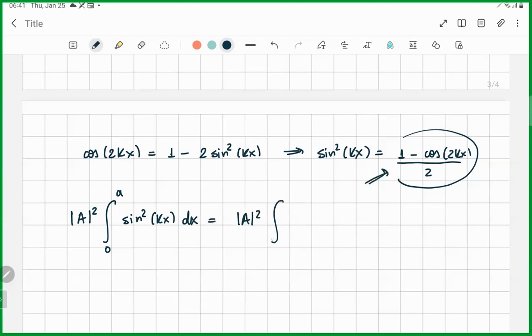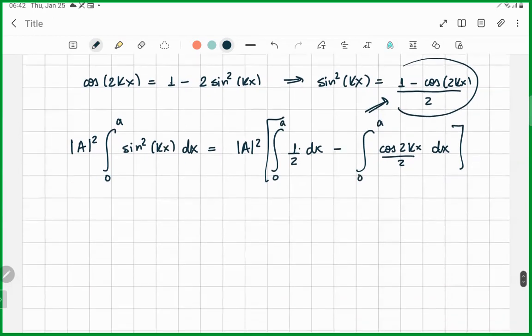So now I have two integrals, one of the half and that other integral, both going from 0 to a. Now we can solve it because the integral of a cosine we know. From the first integral, we just have a over 2 because the 0 is 0.